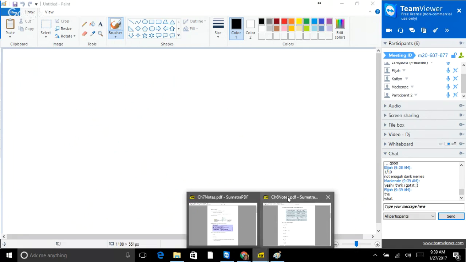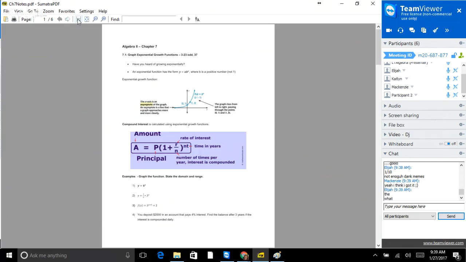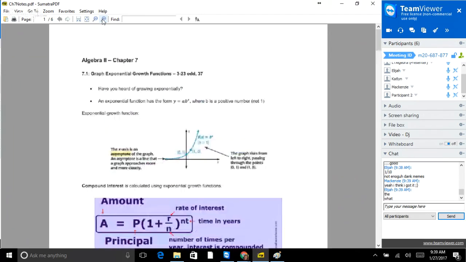Okay, so we're going to talk about exponential growth and exponential decay. So has anyone heard the term exponential growth before? Yep, we're starting chapter 7 today, Daniel. Only the graphing parts, though.